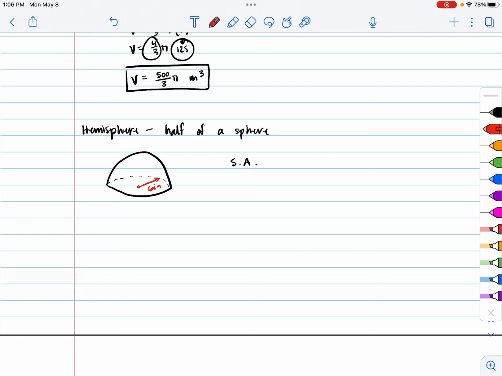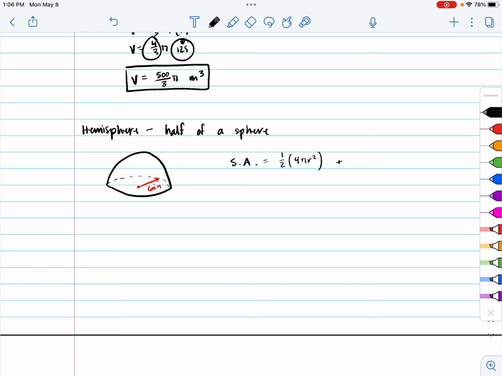Well, we could still calculate the entire surface area, but we only have half of a sphere. So logically, we need to consider this. Since we're working with half of a sphere, we're going to take that equation, the sphere is 4 pi r squared, but we're taking half of it. But we need to remember that we are adding on the base.